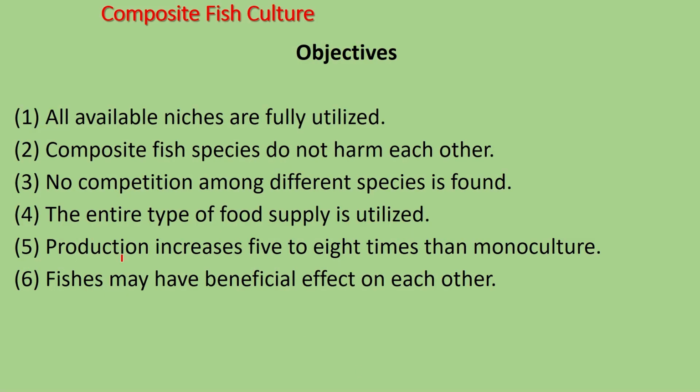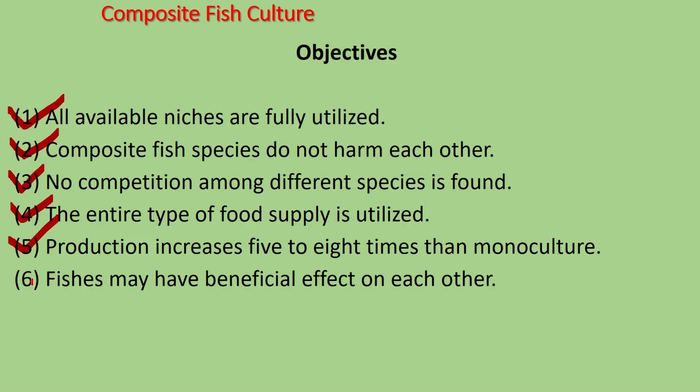What are the objectives of composite fish culture? First of all, available niches are fully utilized. Second, composite fish species do not harm each other. Third, no competition among different species in the pond. Fourth, the entire type of food supply is utilized.